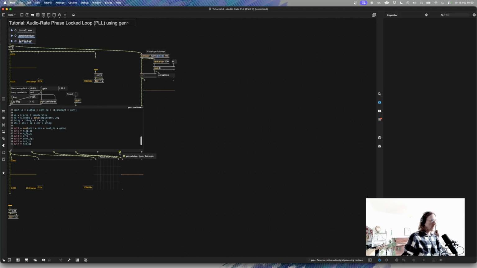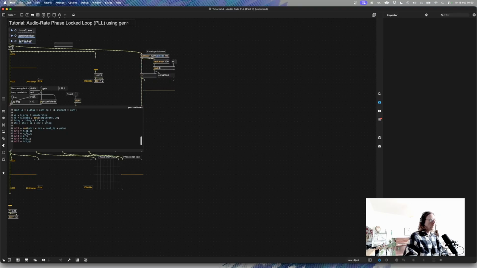Maybe we can skip the confidence; we don't really need it anymore. So out 5 and 6 are now our NCO in-phase and quadrature components.